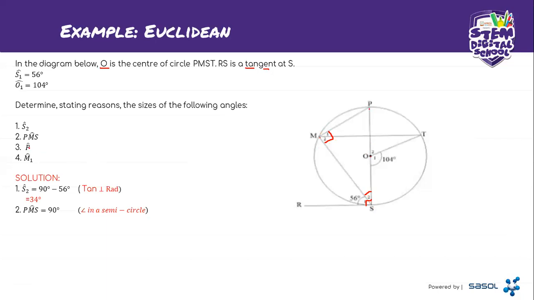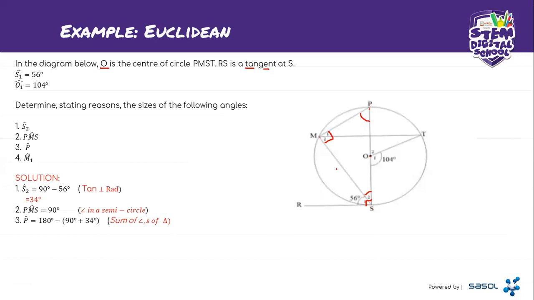Next question, angle P. Let's go and look for angle P, meaning we need this angle here. Remember PMS is a triangle, and we have already determined angle S2. We have also determined this angle M, right? Now we know that the sum of the angles of a triangle add up to 180.